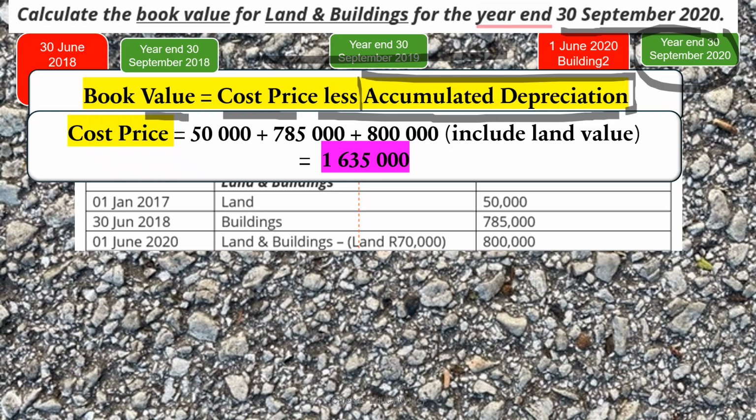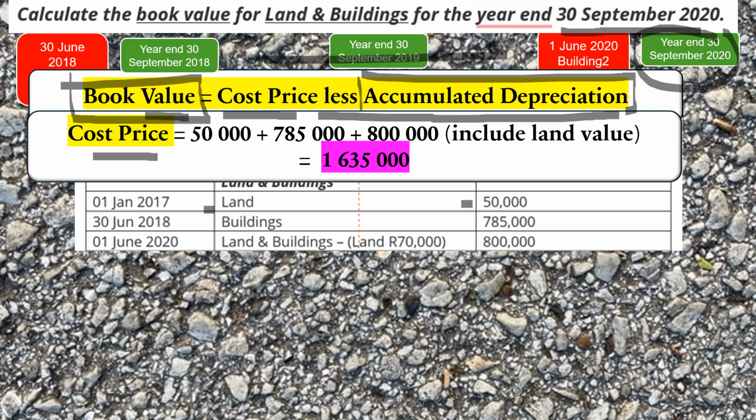Now the cost price in this example here was 50,000. Now listen very carefully to this. When you calculate the book value for land and buildings, you include land, not just the buildings amount, because we want the book value for land and buildings.